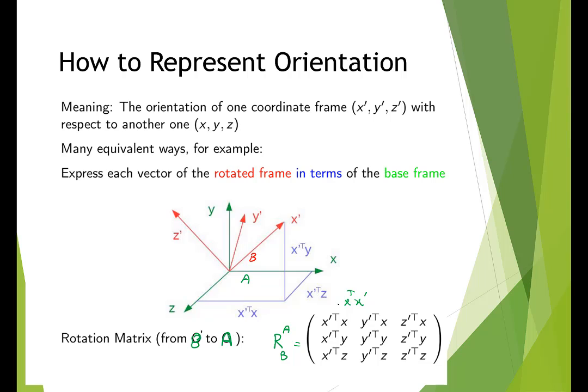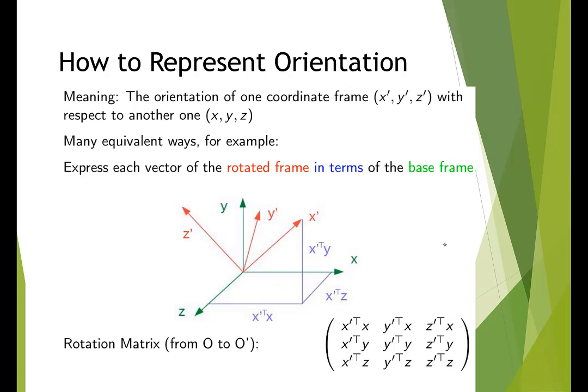These are essentially the same, similar for here. This is how we can write a dot product. x transpose x prime or x prime transpose x are the same. This is just one scalar number.